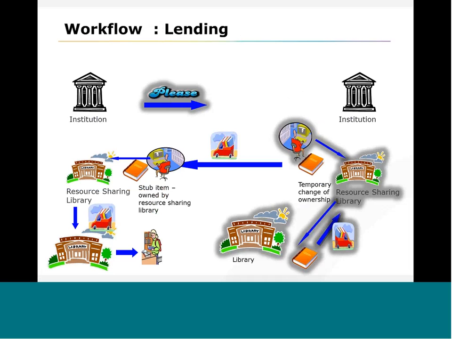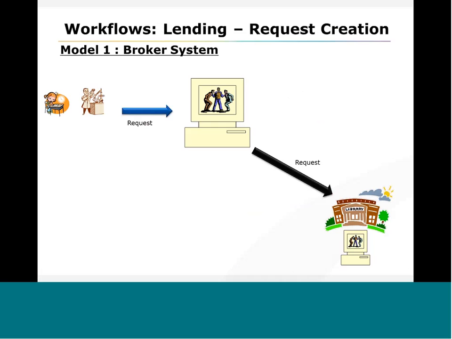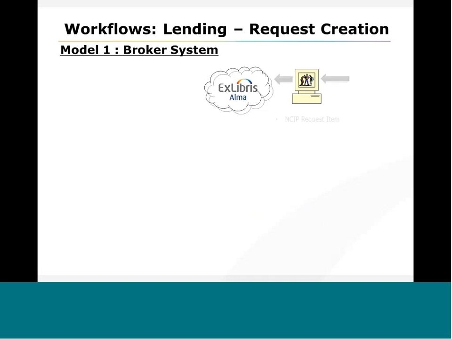So the request has been created and has been registered at the lender side. This happens automatically. The request is registered at the broker system, and again, let's look first at the broker model and then at the peer-to-peer model. In the broker system, the request is automatically registered at the broker system, which notifies Alma automatically that a request has come in.